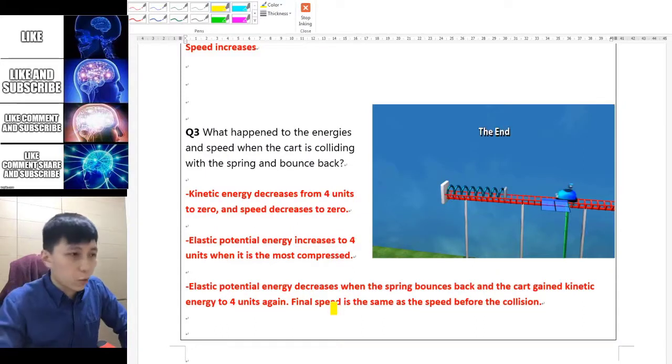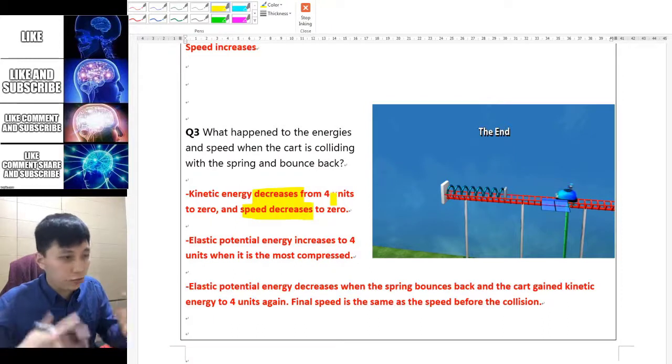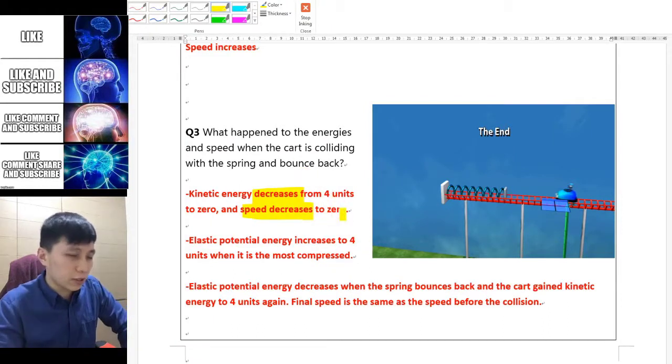Here is the wording that I would use. Kinetic energy firstly decreases from 4 units to 0, and then speed will also decrease because they are related to each other, decreasing to 0 where it's the most compressed. Meanwhile, the elastic potential energy increases to 4 units at the moment when it is the most compressed.